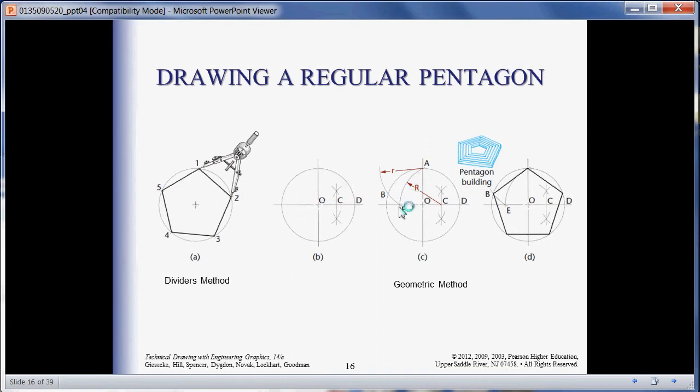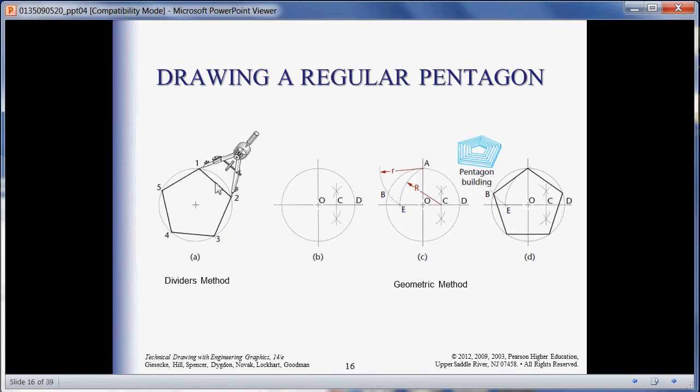Once you swing that arc, that gives you that point right there. You then take the same radius, which would be the chord length from here to there, and swing that up. Once you swing that up, that gives you your first length, from A to B.